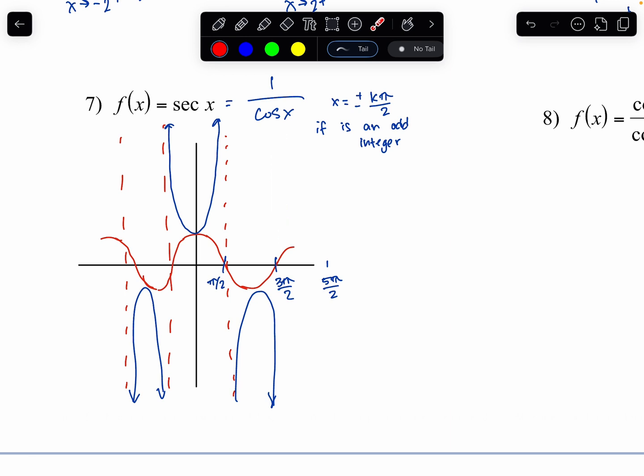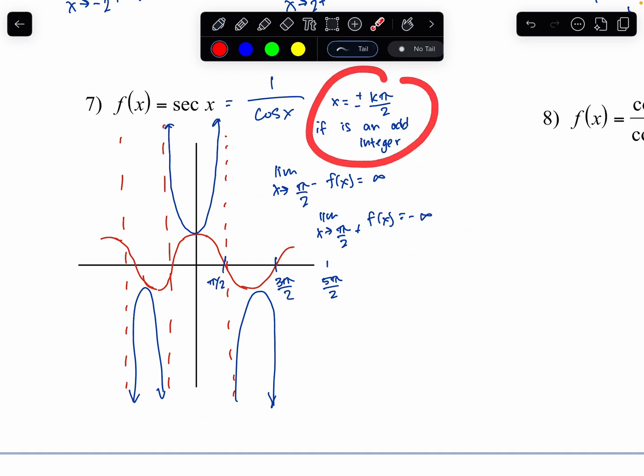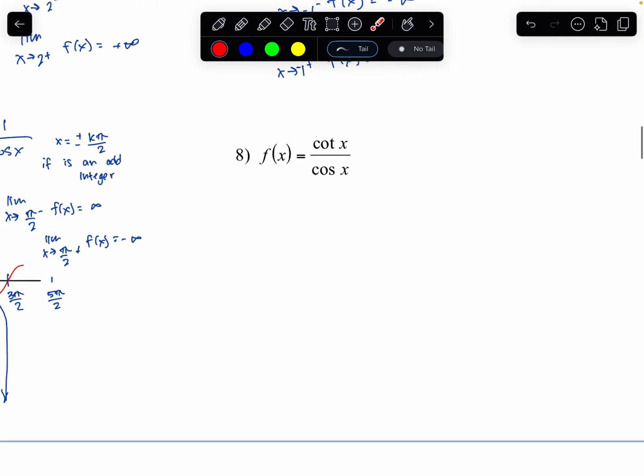So just keep that in mind if you're being asked, say, the limit as x approaches pi over 2 from the left of f of x, that's going to be equal to positive infinity, and the limit as x approaches pi halves from the right of f of x is going to be equal to negative infinity. Obviously, there are infinite asymptotes, so there are infinite ways that we can evaluate them, but it will all be the same. Okay, and then looks like we got another one like that.